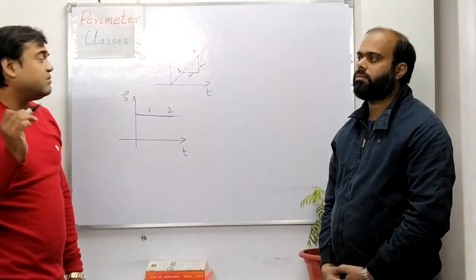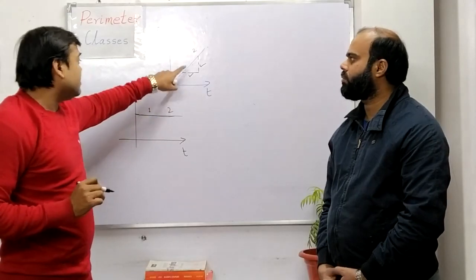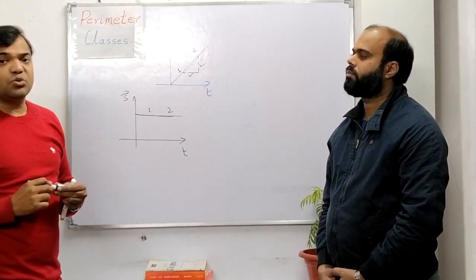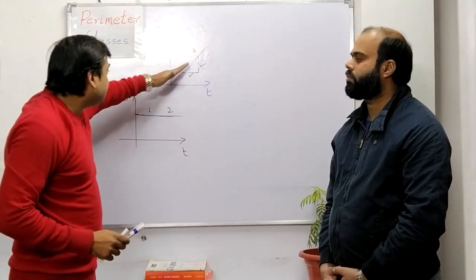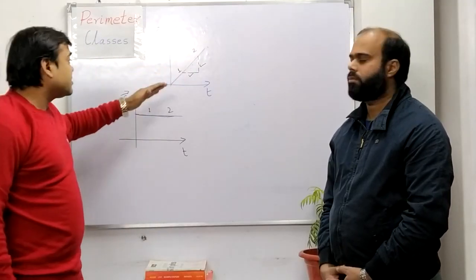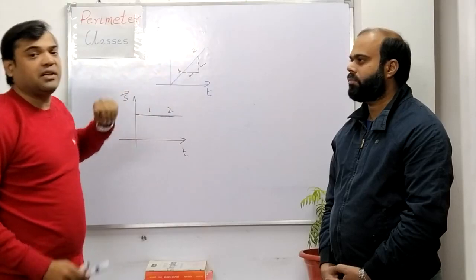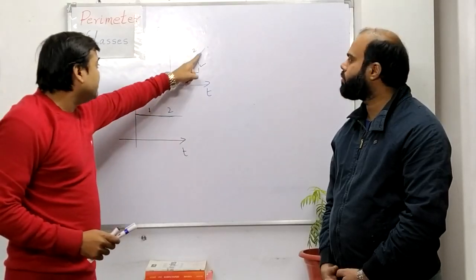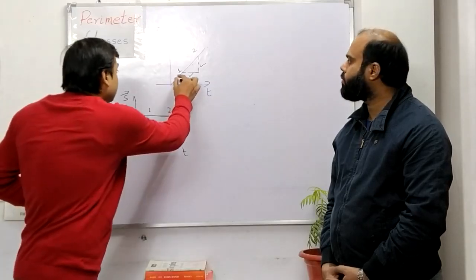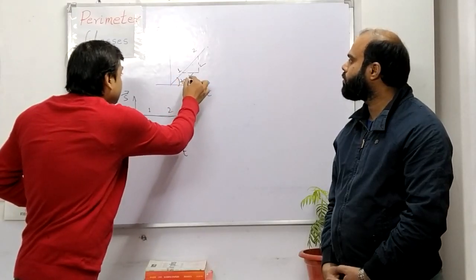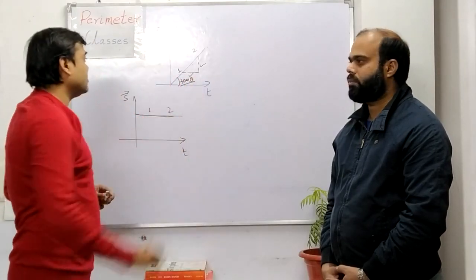And what is the value of instantaneous velocity at point 1 or 2? Again, we will draw a tangent passing through that point. For a straight line, the tangent is the same line. So this line will give you the slope at any given instant, and the slope, that is the value of tan theta, will give you instantaneous velocity.